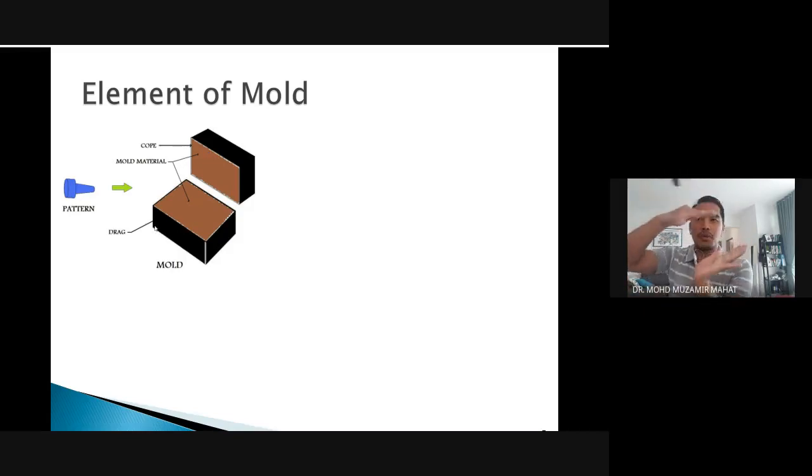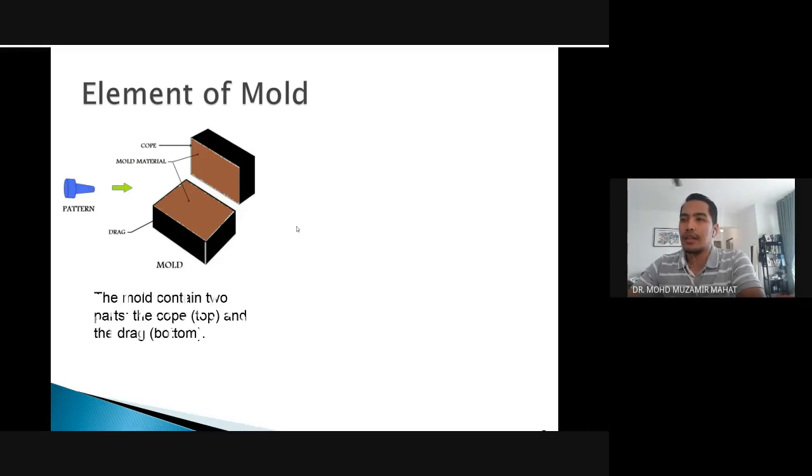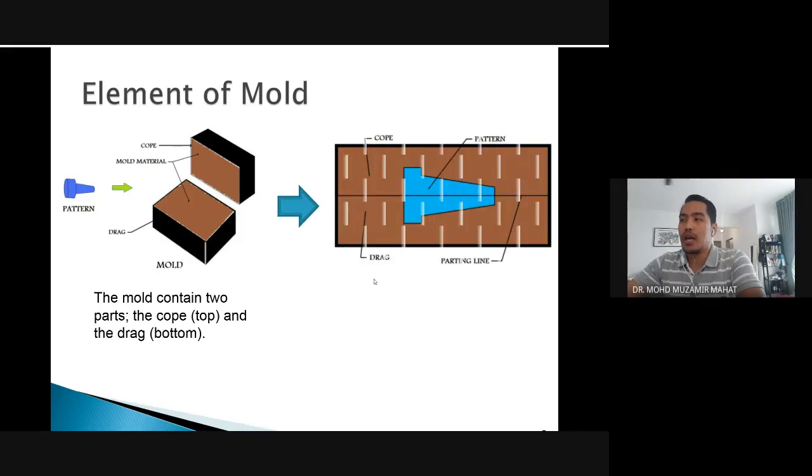It's like a top and bottom, and you insert the pattern into the space. The mold should contain two parts: the cope, which is on the top, and the drag from the bottom. And we design the mold, or the whole system, in this way.